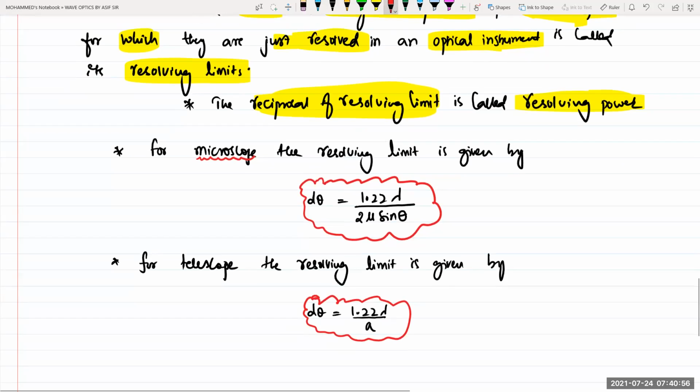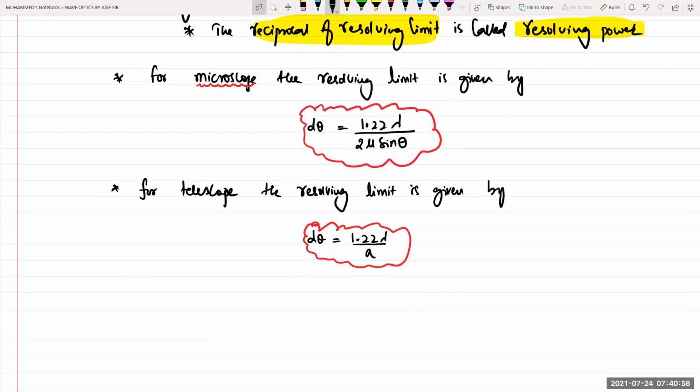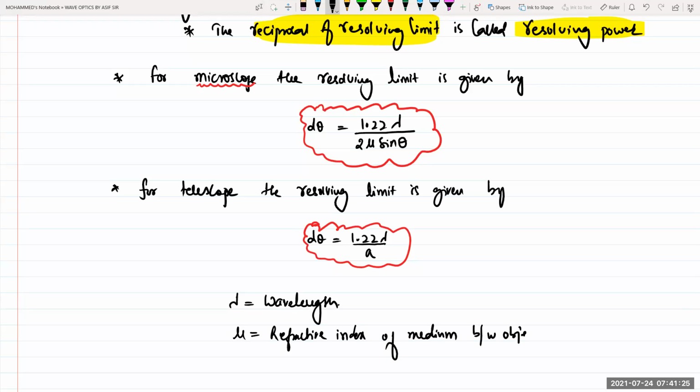Okay, I'll just write the terminologies of this one, beta. Lambda is nothing but wavelength. And mu is nothing but the refractive index of the object, or I can say the refractive index of the medium between the object and the objective of the microscope.